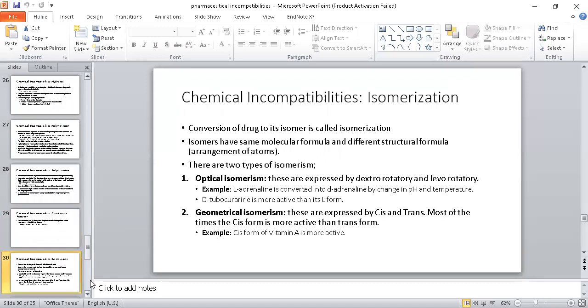Then isomerization is the conversion of a drug to its isomers. Isomers have the same molecular formula and different structural formula, that is, different arrangement of atoms. There are two types of isomerism: optical isomerism and geometrical isomerism.